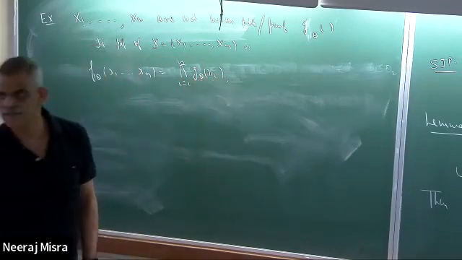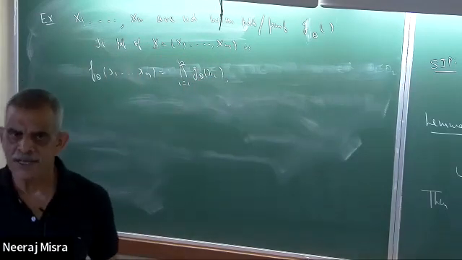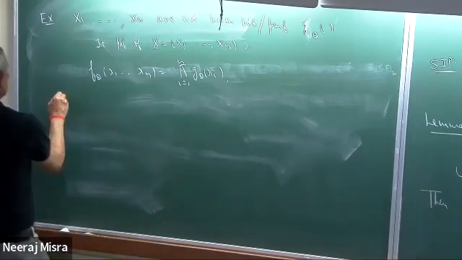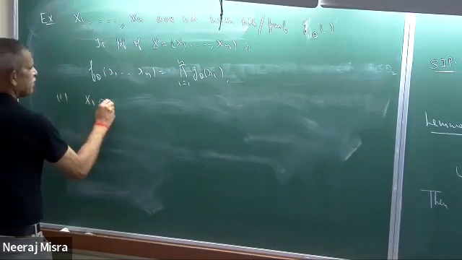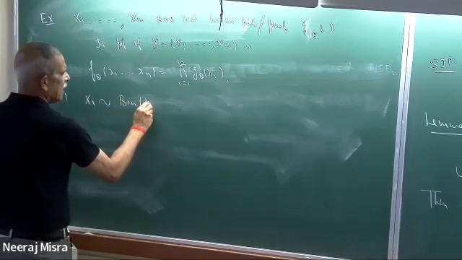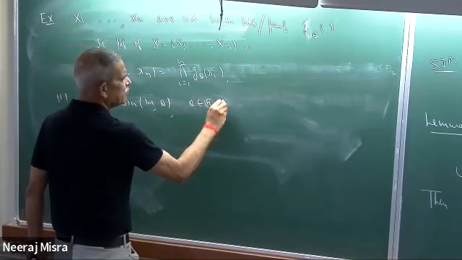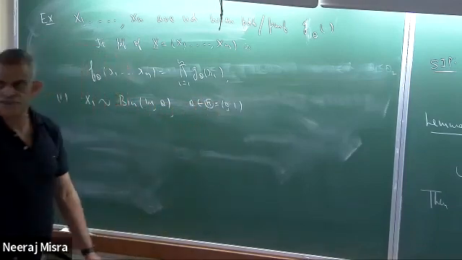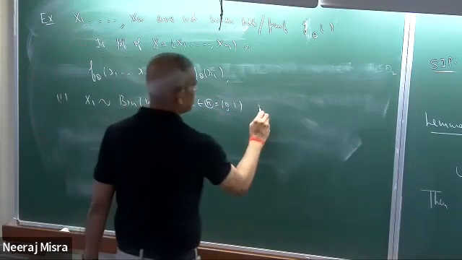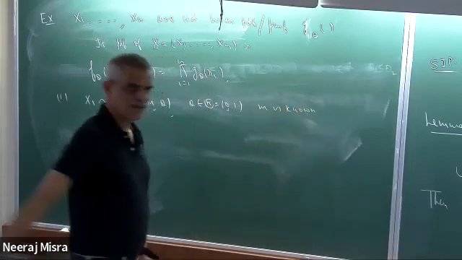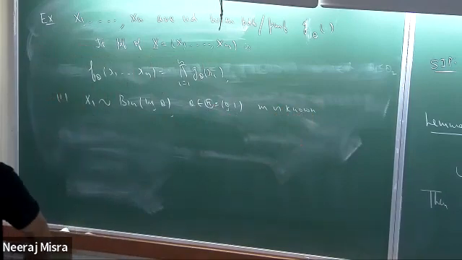So let us now consider some examples. The first example where X1 has binomial(m, theta), theta belongs to capital Theta, which is (0, 1). m is known. Can you tell in what statistic it will have MLR?